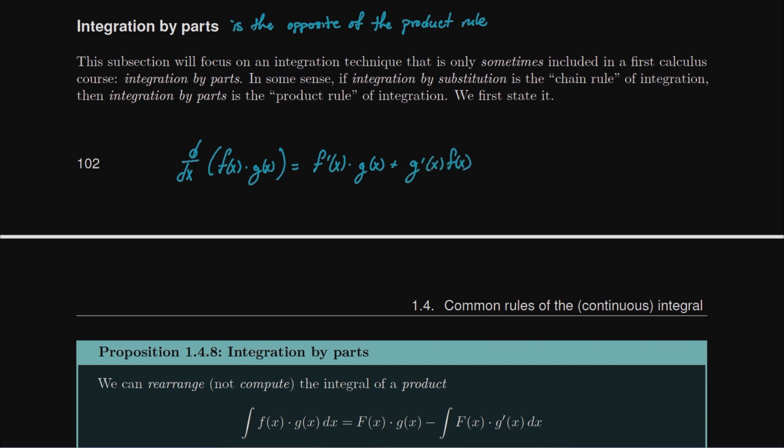And if I want to undo this, I'm going to remove the derivative on the left-hand side and include an antiderivative on the right-hand side. The downside to integration by parts, or how it differs from the regular product rule, is that we have two terms inside our integral, so two sets of multiplications added together. Unfortunately, that's not the way most integrals are shown to us.